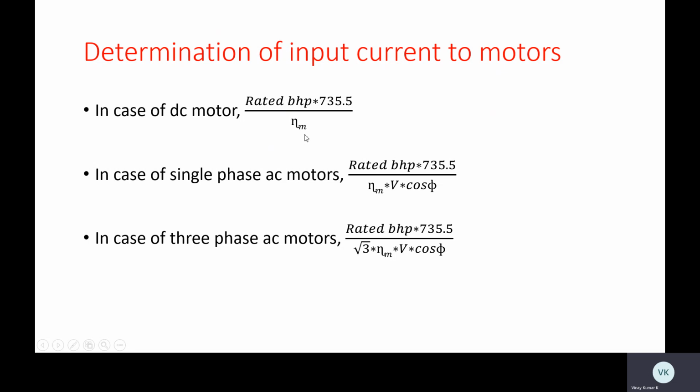In case of single phase AC motors, squirrel cage induction motors, then rated HP times 735.5 divided by eta m, and we need to consider the voltage and power factor. And in case of three phase induction motors of squirrel cage type, just divide by root 3 for three phase. Remove the root 3 for single phase, add the root 3 for three phase.